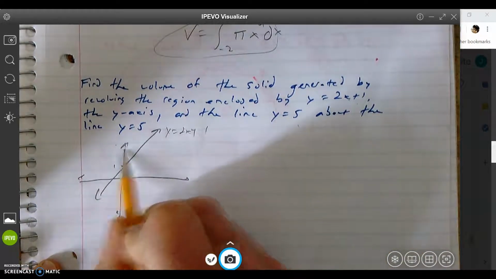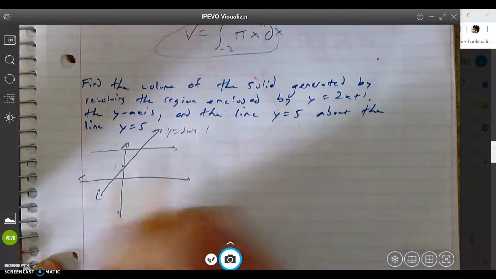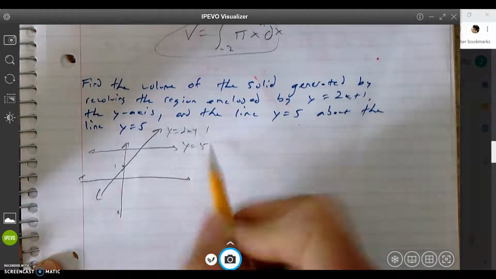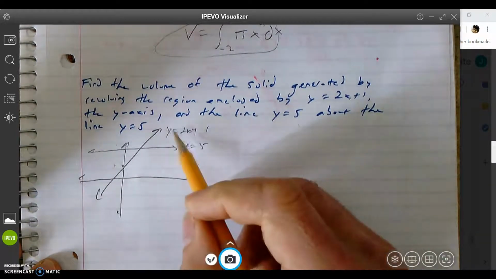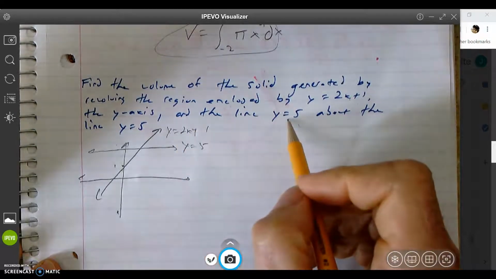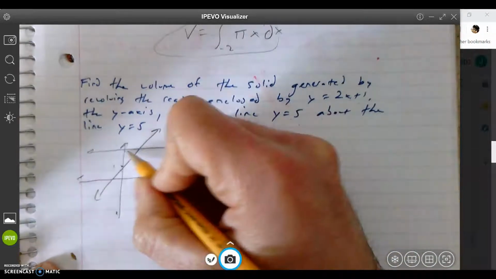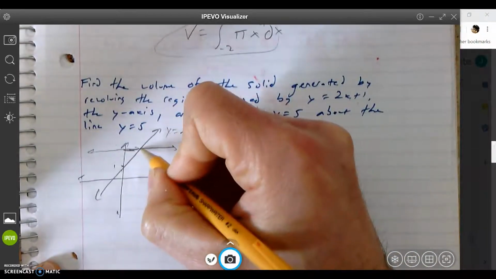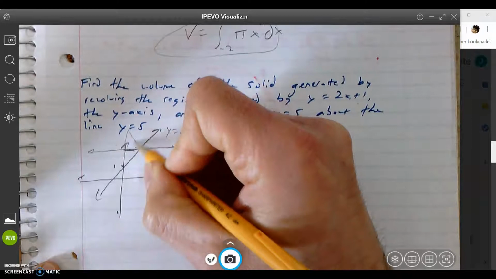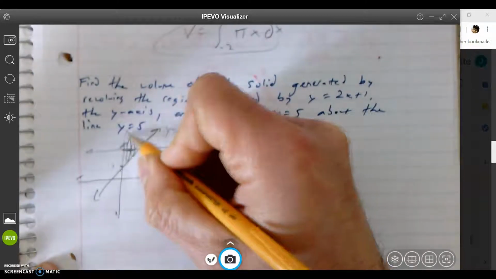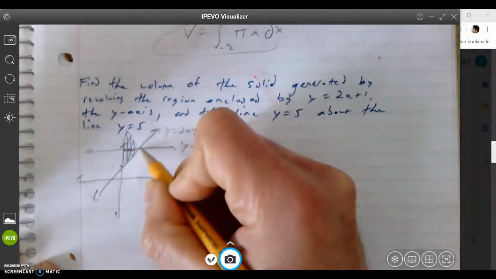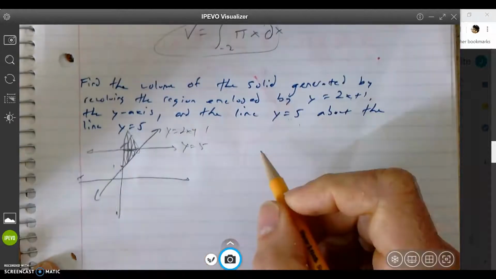If that's 1, then 5 would be up here. And we're revolving this about the line y equals 5. And so we're revolving it around this. So I need to draw a little mirror image right here. And then here is where we're rotating like that, revolving it.